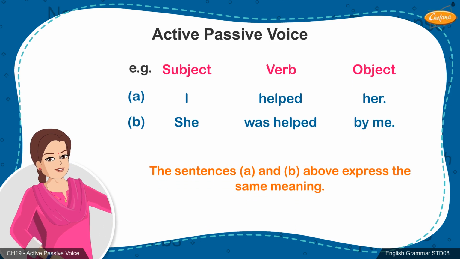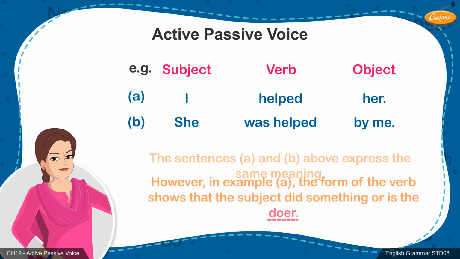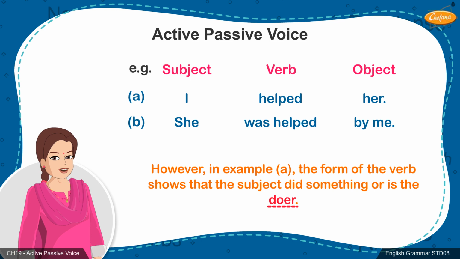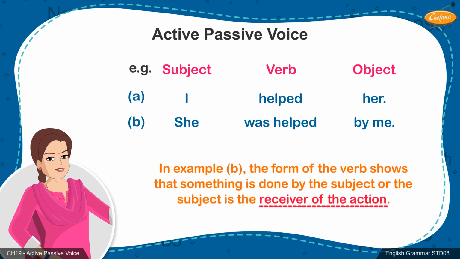The sentences A and B above express the same meaning. However, in example A, the form of the verb shows that the subject did something, or is the doer. In example B, the form of the verb shows that something is done by the subject, or the subject is the receiver of the action.